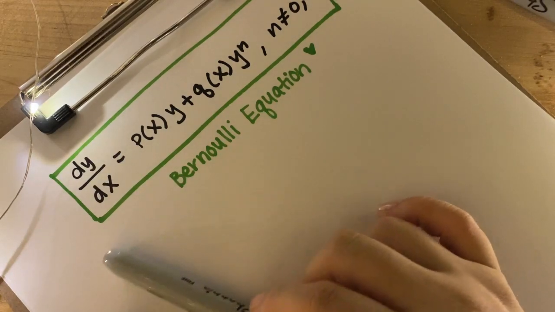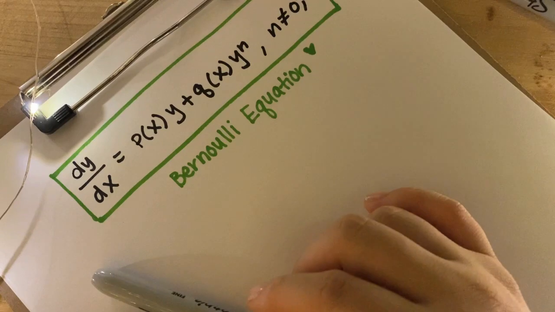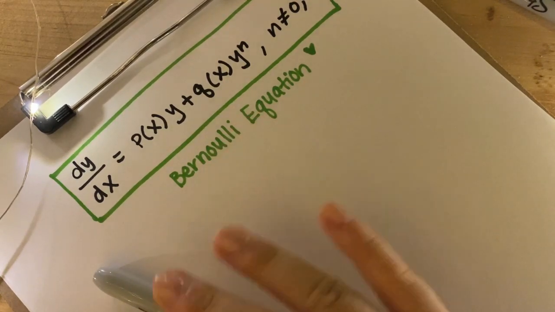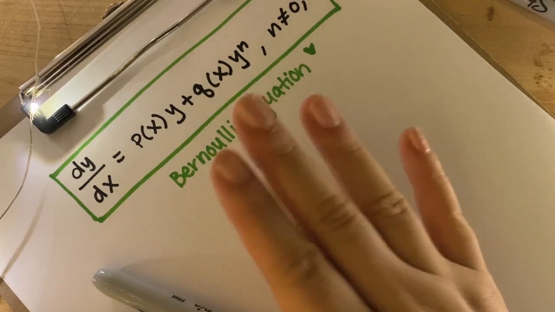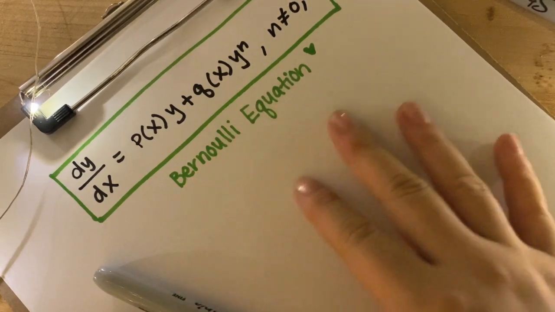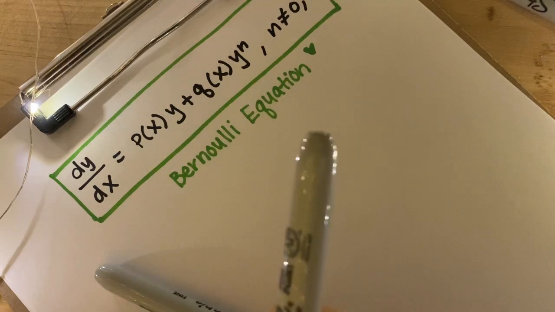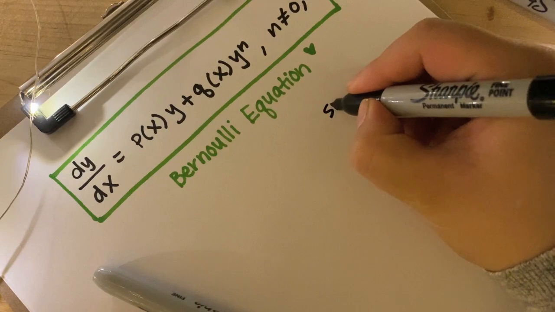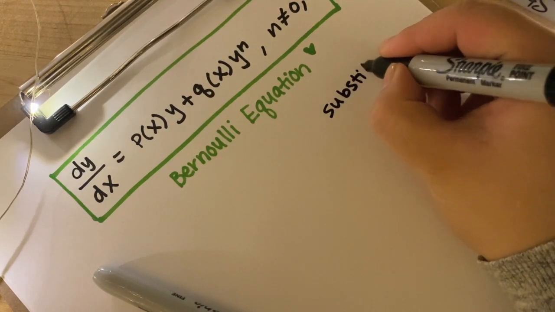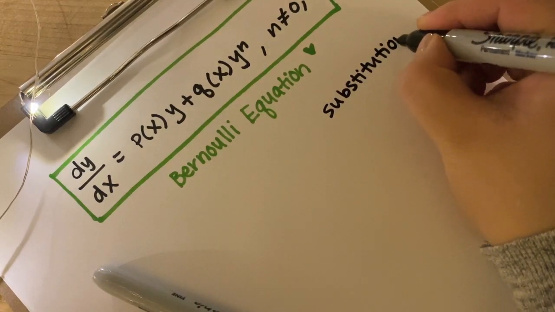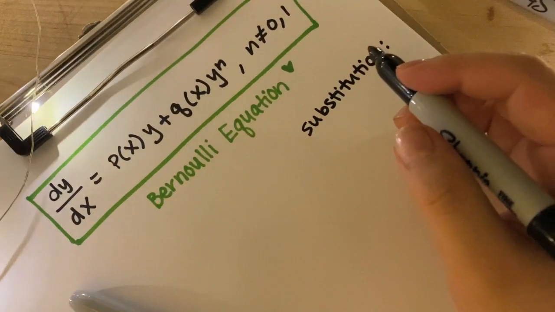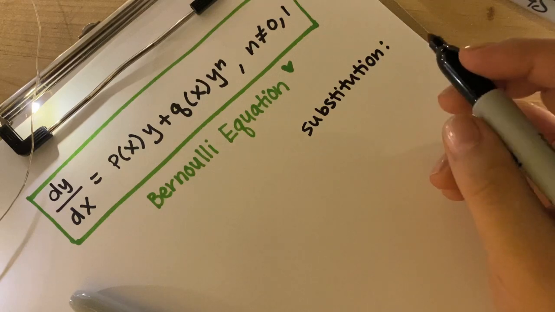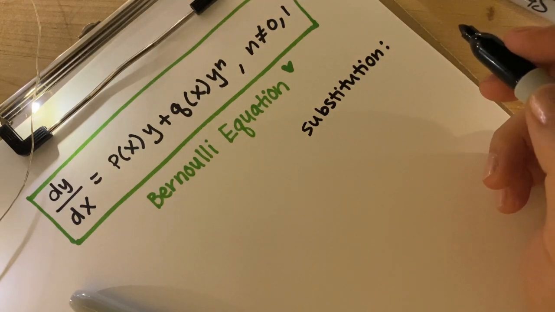So now we have a method to help us solve this kind of question. Now that we know it's not linear and it's not separable, what can we do? We can carry out a substitution. Specifically, it allows us to change the variable, kind of like making a u substitution in calc.